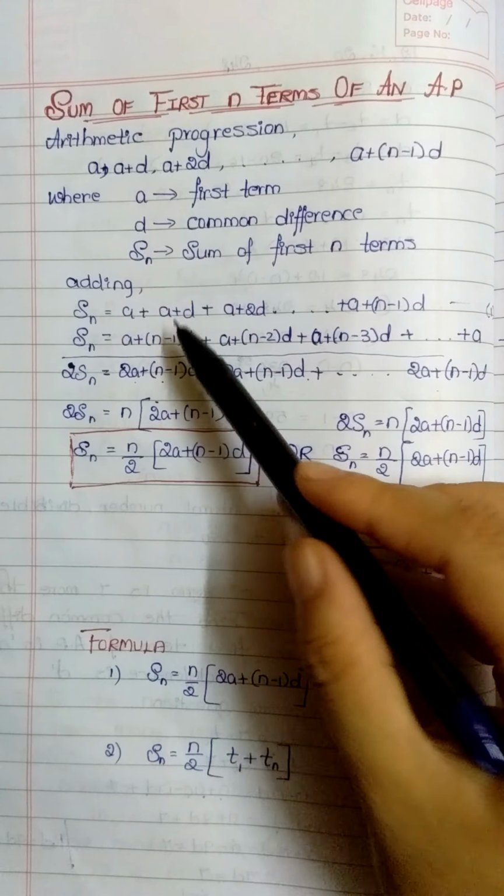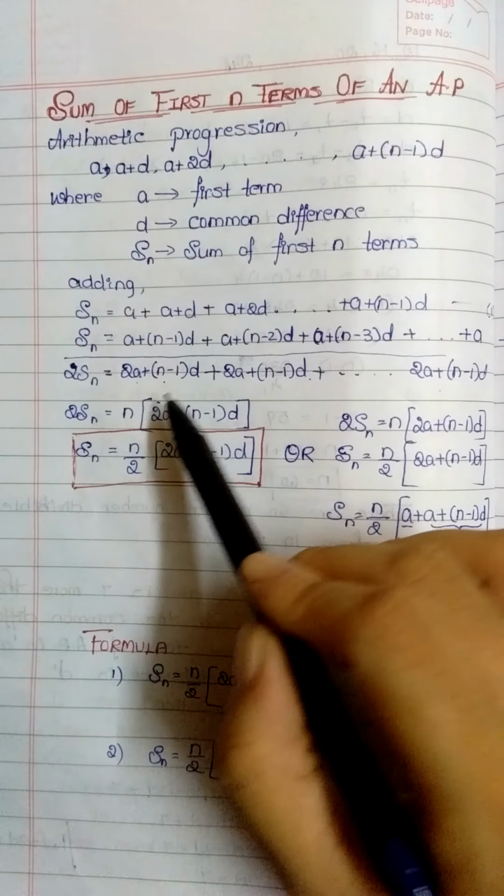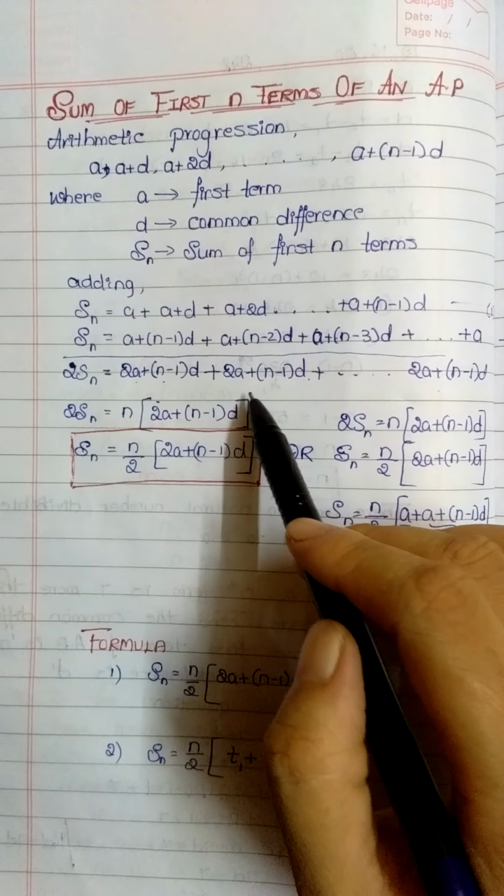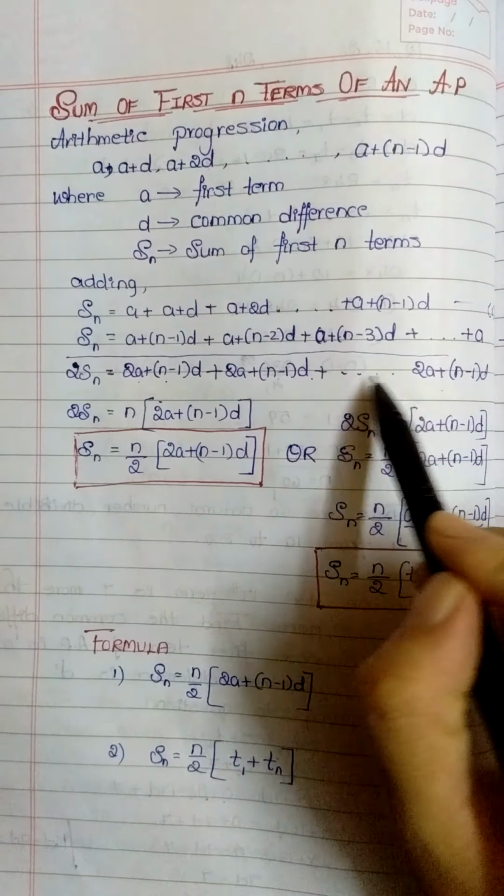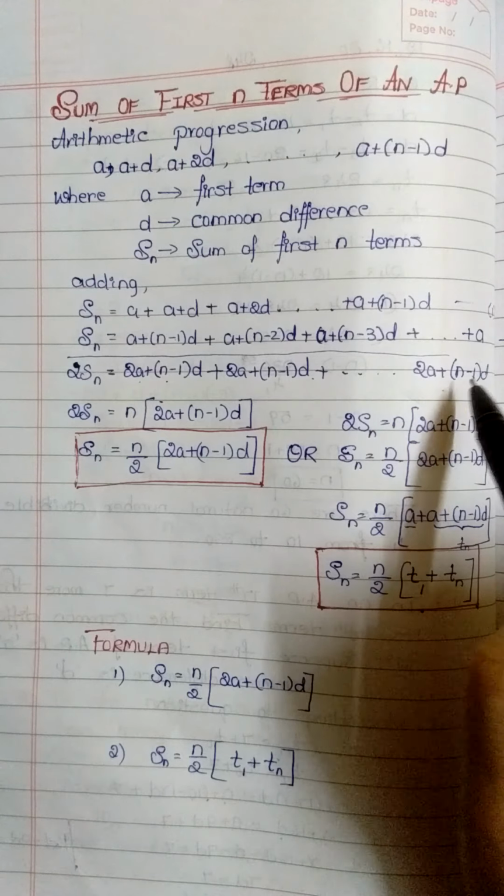In all the terms, when we add these two, it gives 2a plus n minus 1 into d, up to the last 2a plus n minus 1 into d.